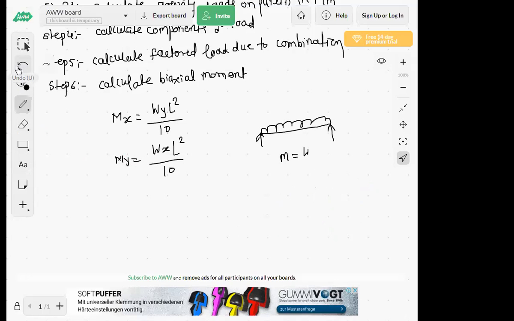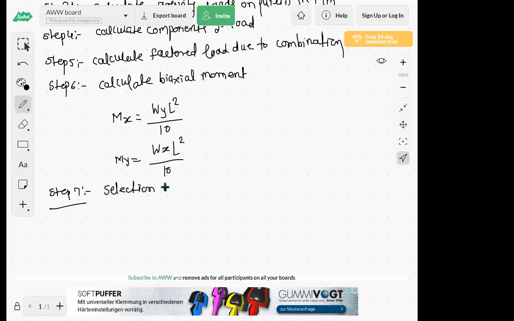So now the next step is step number 7, the selection of angle section.